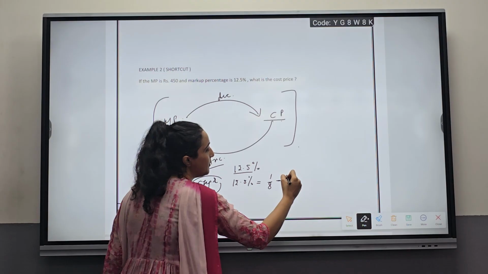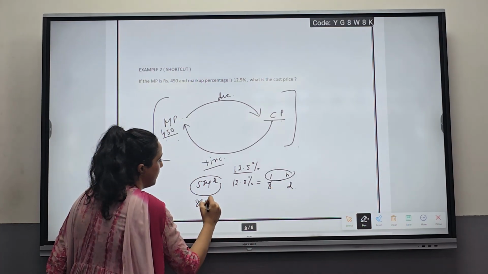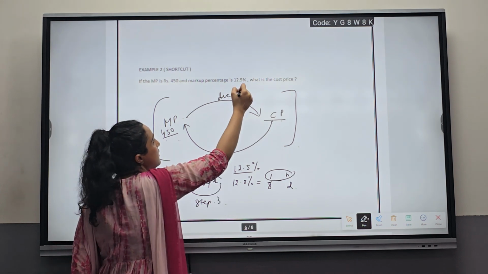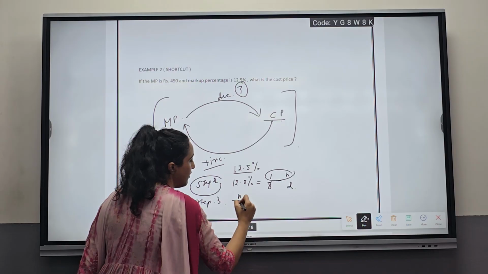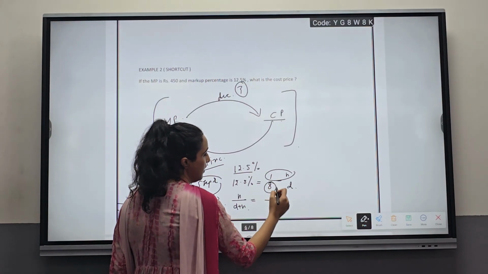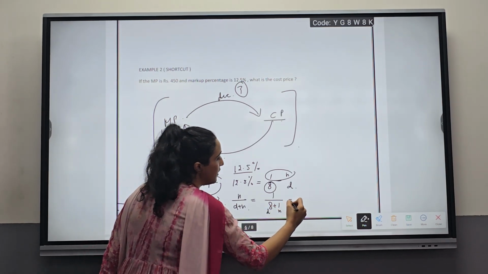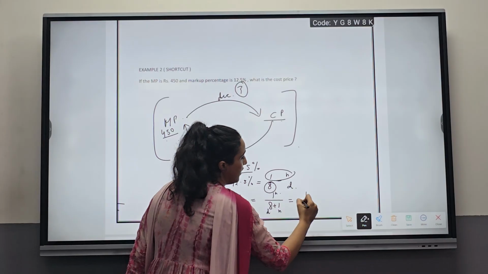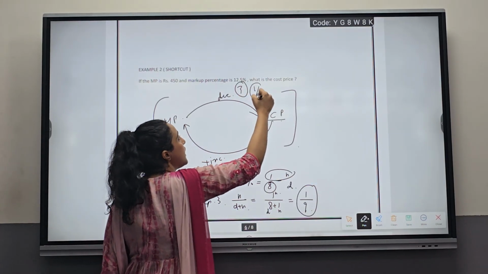What did we write this as? N by D, 1 by 8. Step 3 will be what? Finding out this fraction. What is this fraction? This is N divided by D plus N, which means 1 divided by 8 plus 1. This is D and this is N. So you will get 1 divided by 9. So step 3 was finding this fraction.